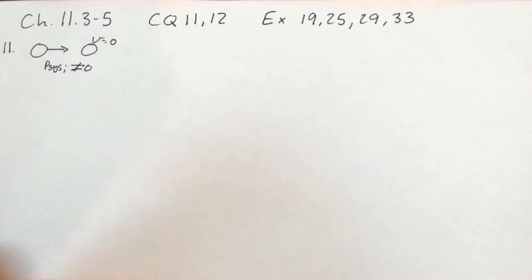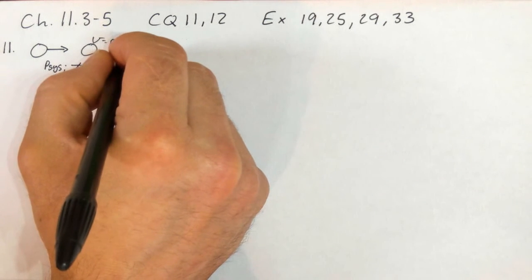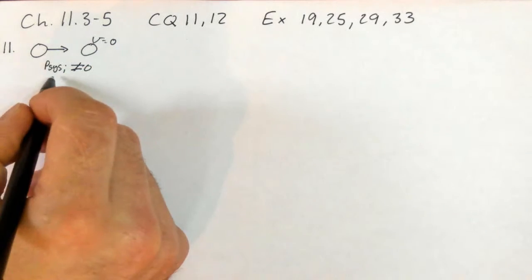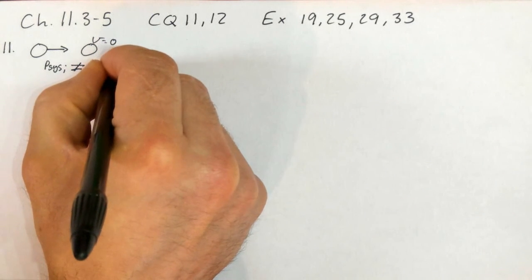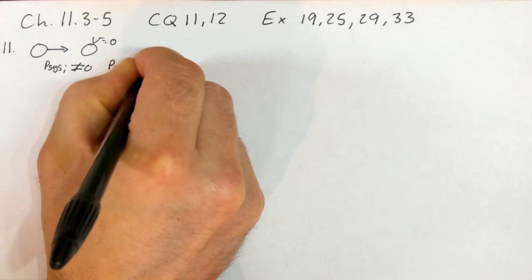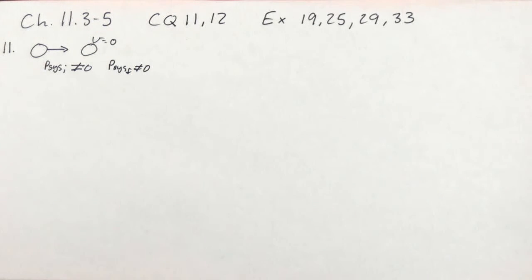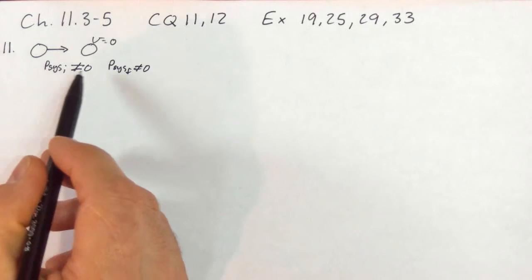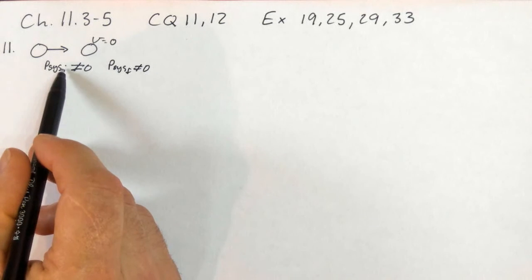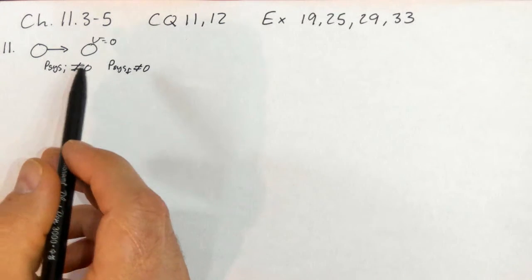Now in the afterwards, whatever happens, the final momentum must be non-zero as well, because assuming this collision, we're using our impulse approximation, meaning that the delta t is super small, so no external forces can change this. And that's what we use for the definition of collision. It means that the initial and the final momentum must be the same. So if initially it was 0, afterwards it must be 0.